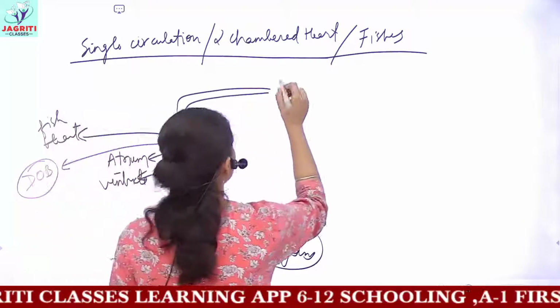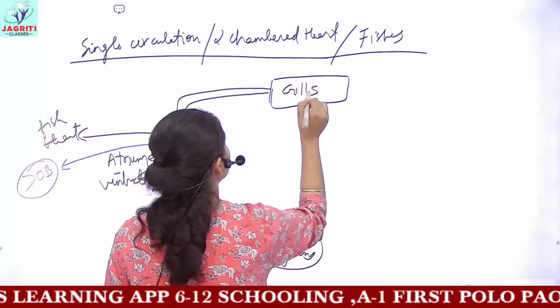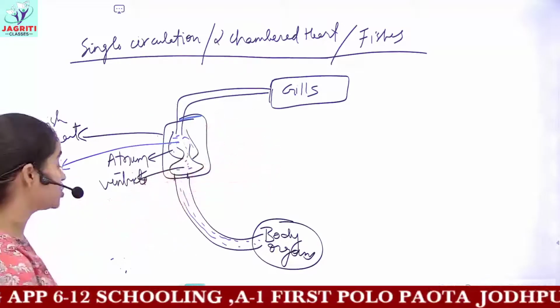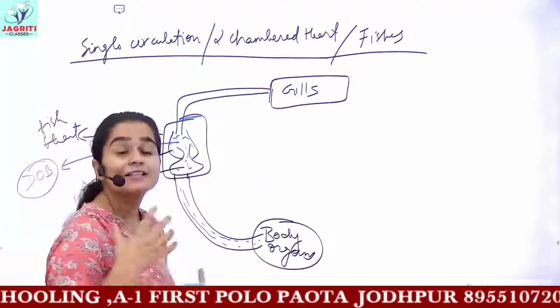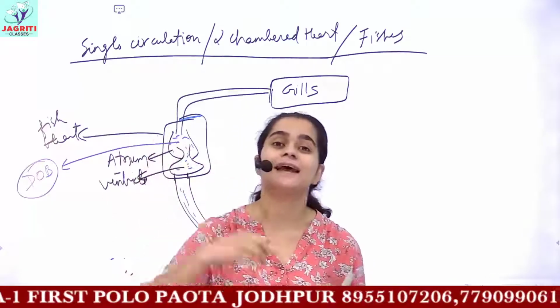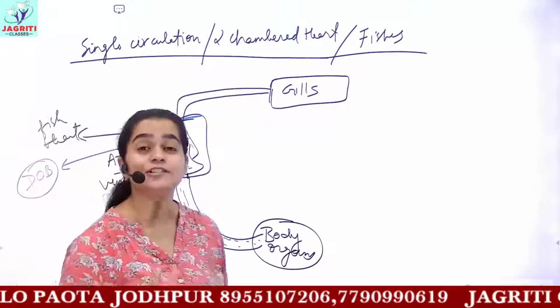And then from the heart, this deoxygenated blood is transported to the gills. As we all know, in fishes you have gills which supply oxygen and help in the exchange of gases, oxygen and carbon dioxide. And from where do these gills receive oxygen?